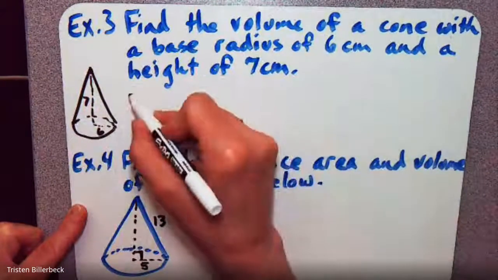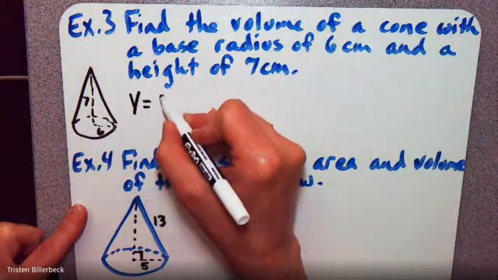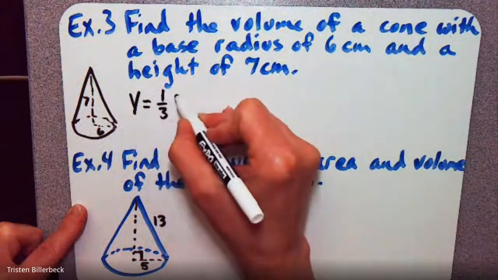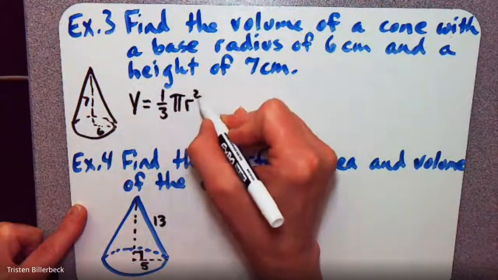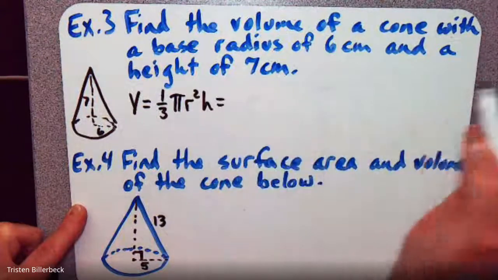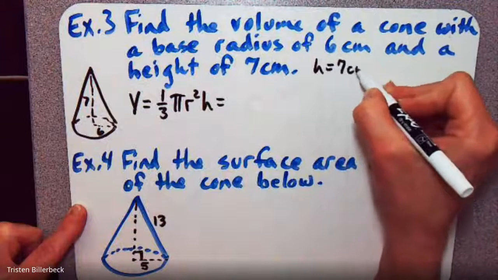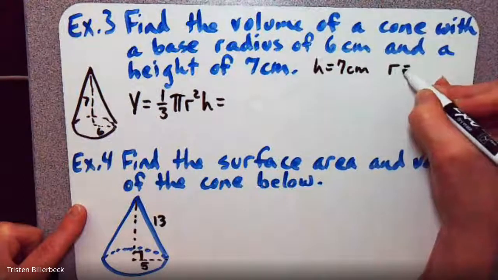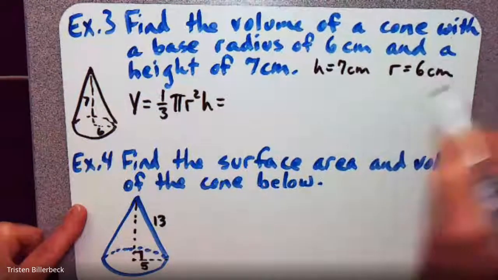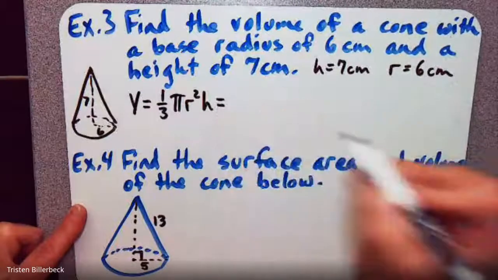But the volume of a cone is just 1/3 pi r squared h. So they gave us h, which is 7 centimeters. They gave us r, which is 6 centimeters. So it's just plug it in.